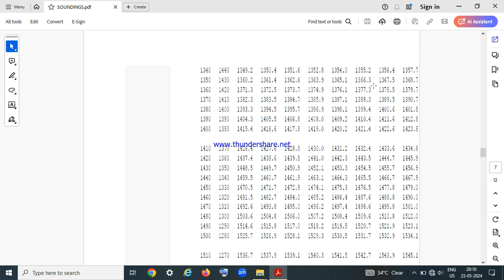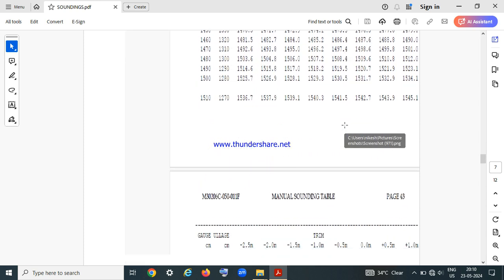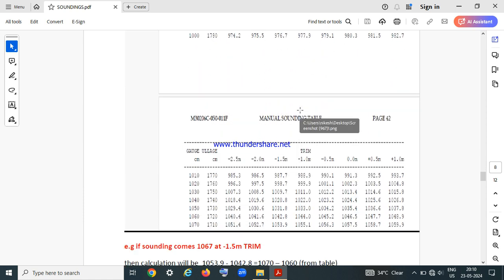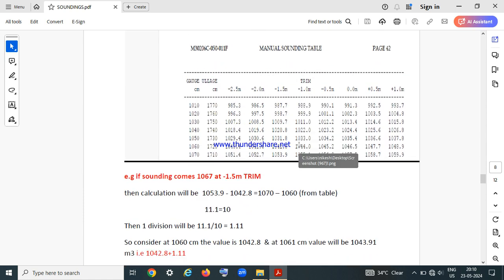Multiplying this by the density will give you the metric ton. This is the only thing the chief engineer wants from you in a sounding. So here at 1350 and 0 meter trim, the value is 1366.3. Like this table, you will find the manual sounding table on board.